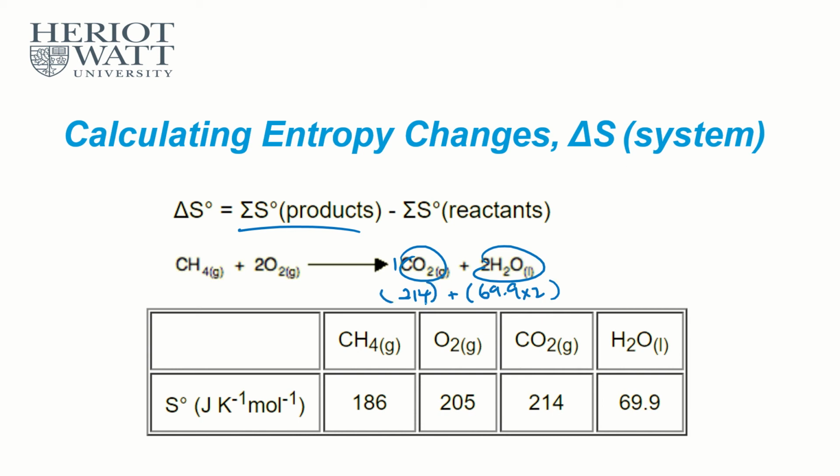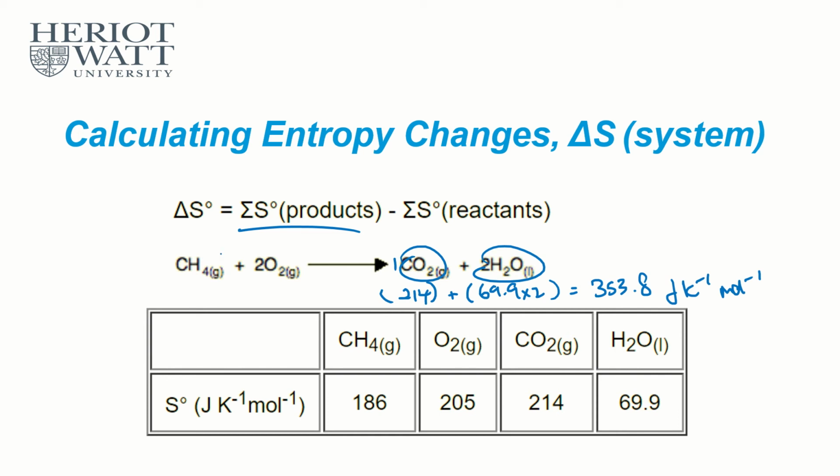We add up these two values: 214 plus 69.9 multiplied by 2 gives 353.8. So the total entropy for the products is 353.8, and the unit is joule per Kelvin per mole, or per mole per Kelvin, up to you.